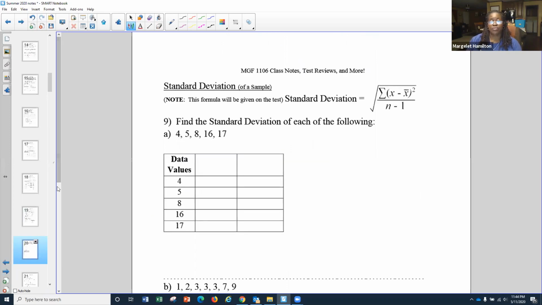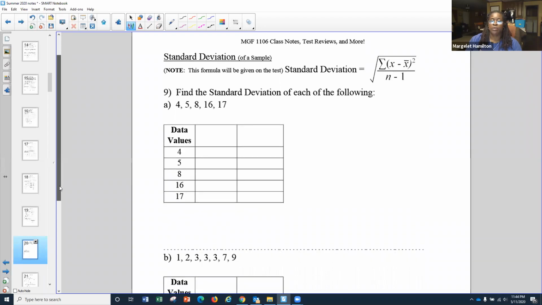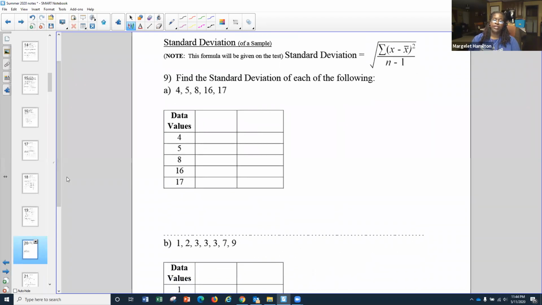Now, we have 2 different types of standard deviation formulas out there in the world, but we're only going to look at this one. So please do not go and look on the internet for a formula, because then you're going to get confused about which formula you should be using.